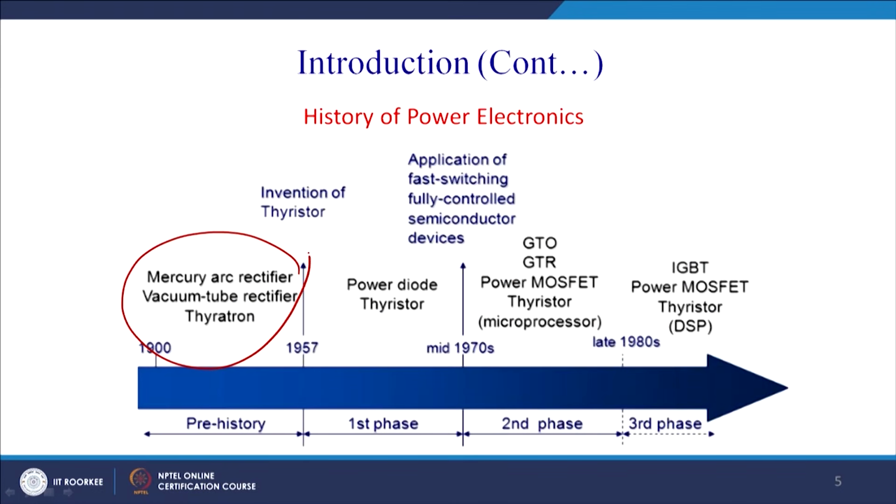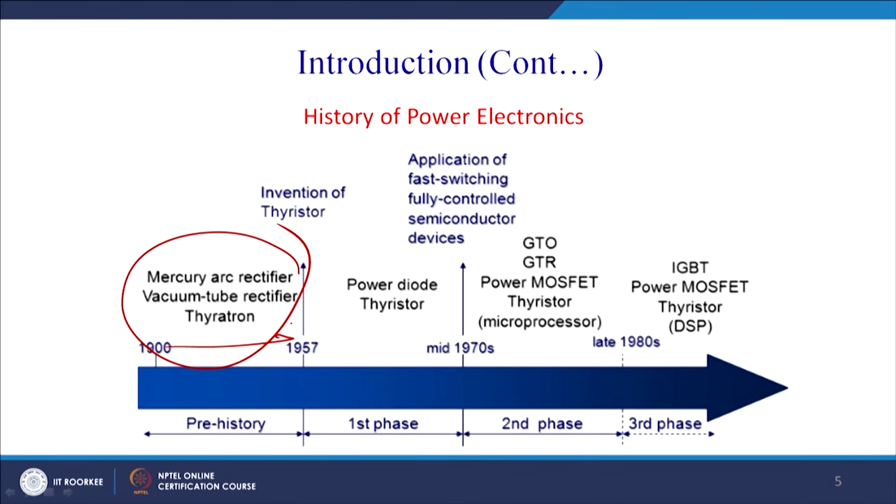Thus we produce AC but consume DC. To fit this gap, initially we had the mercury arc rectifier. We require to rectify AC and feed it to the DC load, DC machines or DC light.